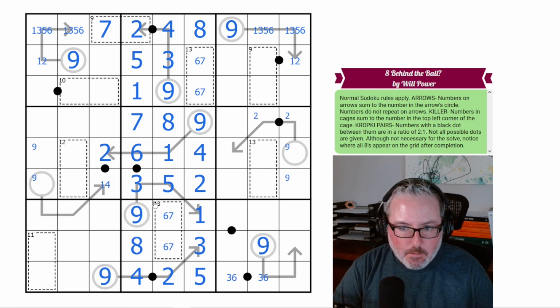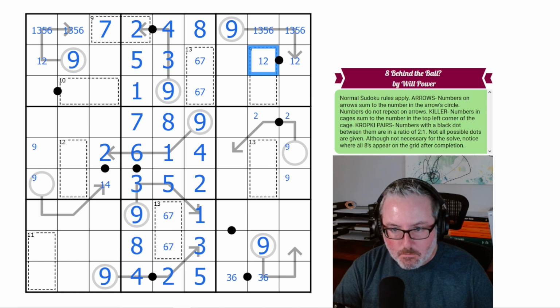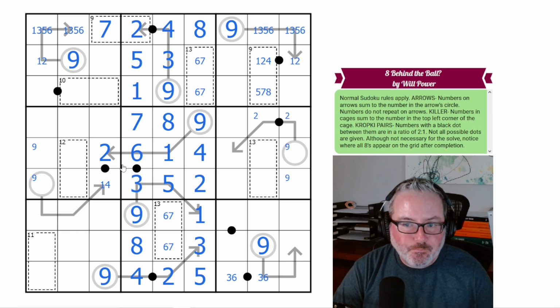Right, now we've got quite a bit going in here. So this is either 1 or 2. So this has to either be 1, 2, or 4. If this was a 1, 2, like I said, this would be 7. If this was 2, 1, this would be 8. And if this was 2, 4, this would be 5. So let's just put those in there for now.